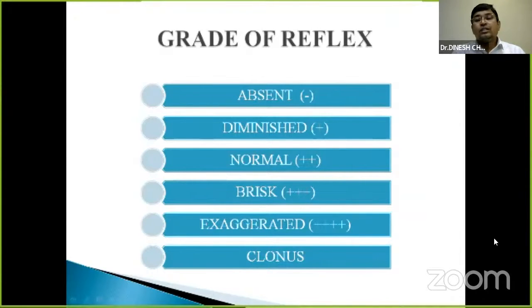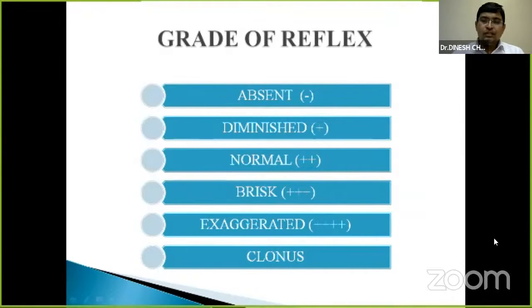Clonus itself will show a UMN lesion. So these are the grades we have to assign according to the assessment: when we do the actual assessment, we come to know which category the reflex falls in: absent, diminished, normal, brisk, exaggerated, or clonus.